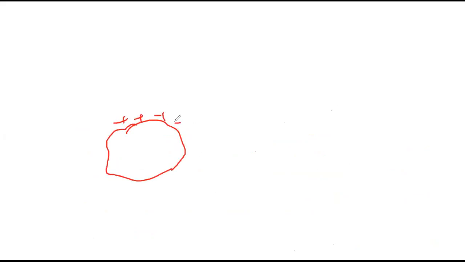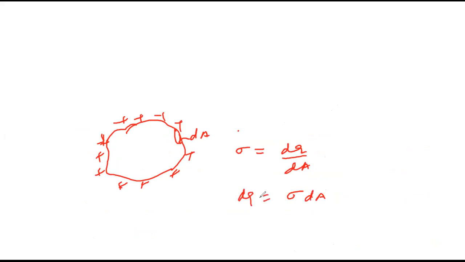Charge will be on the surface too. So if dA is the elemental area, then sigma equals dq upon dA. So charge dq is sigma dA. Suppose it is a sphere, then what will be the total charge in terms of sigma?